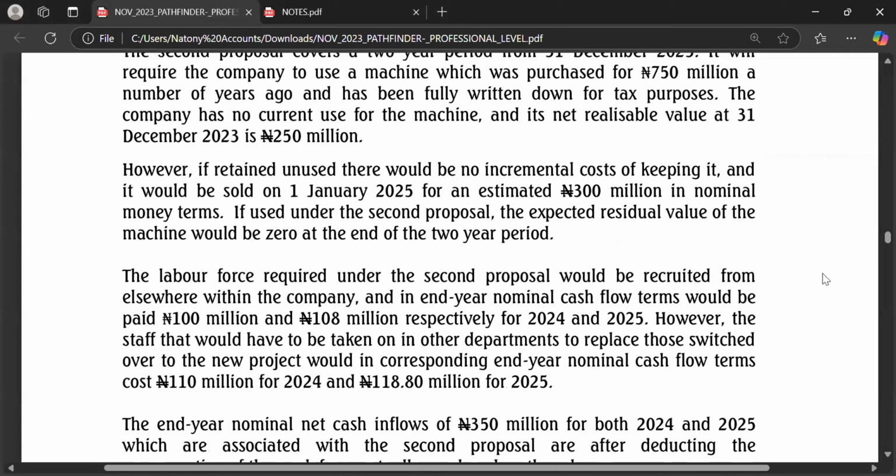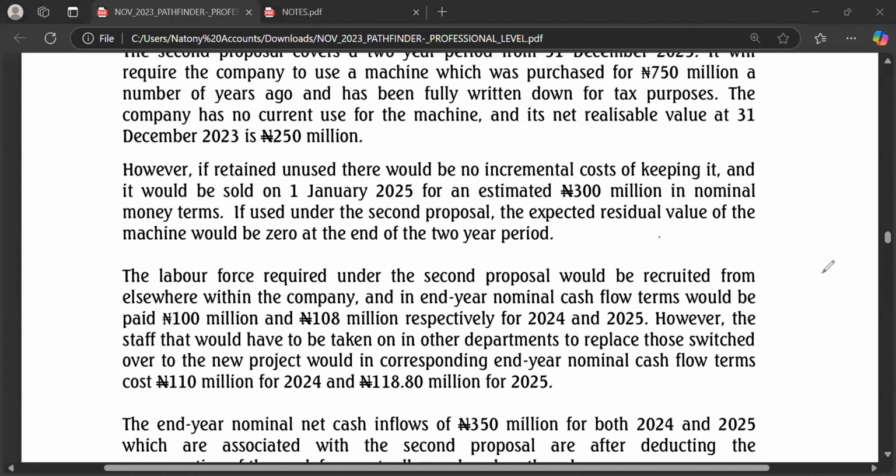However, if retained unused, there will be no incremental cost of keeping it, and it will be sold on 1 January for an estimate of 300 million in nominal money terms. Okay, so now there's a twist to this, right?